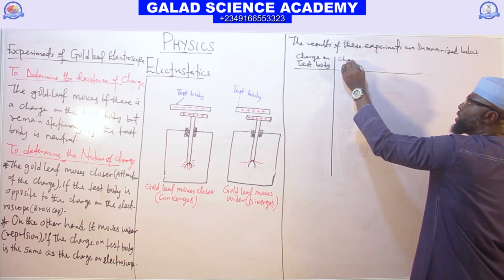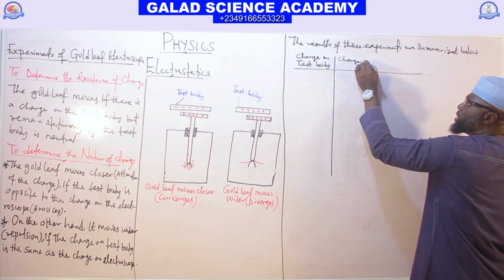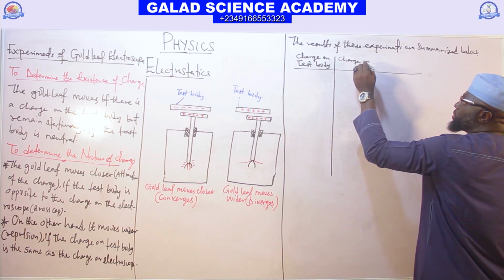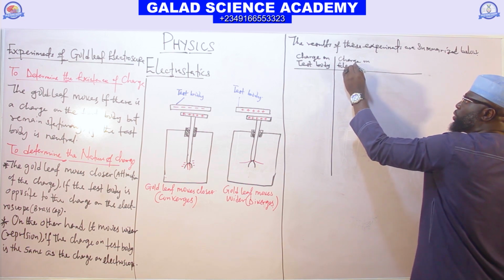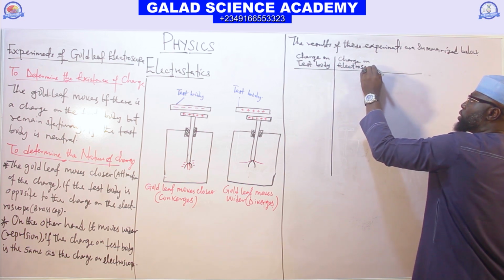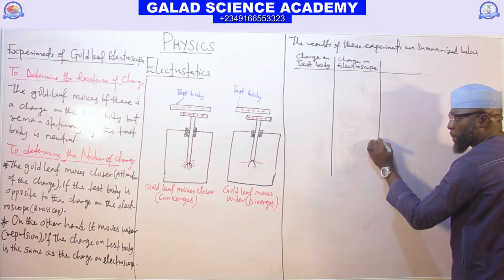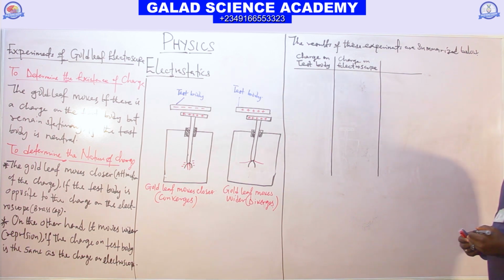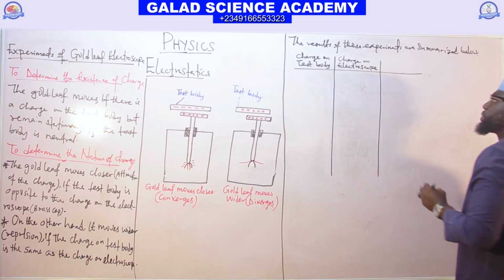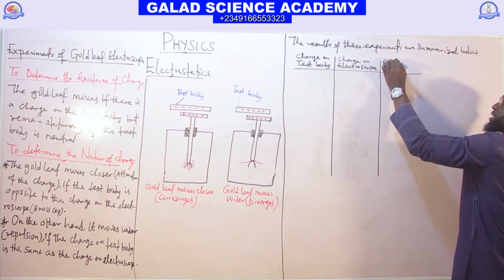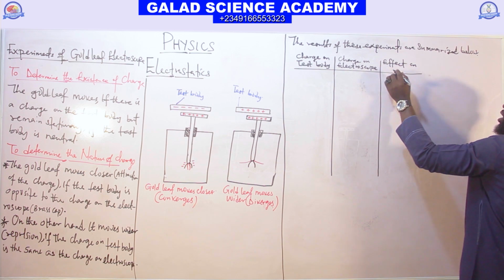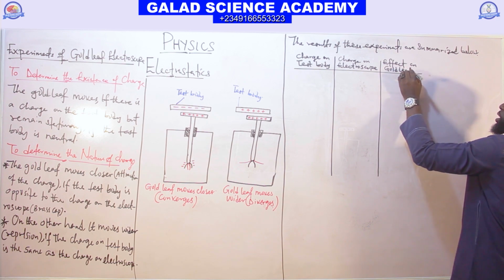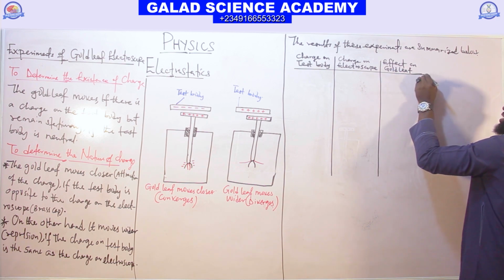We have charge on electroscope, charge on electroscope. Next one is effect on gold leaf divergence.